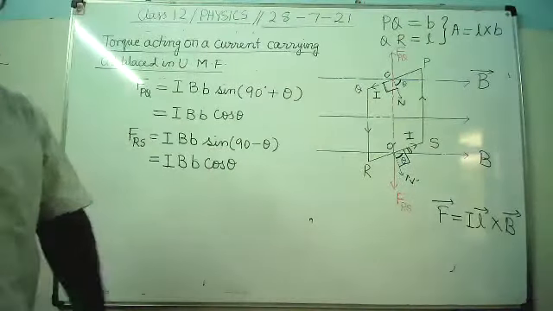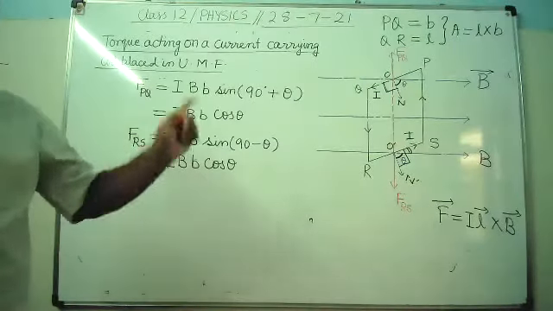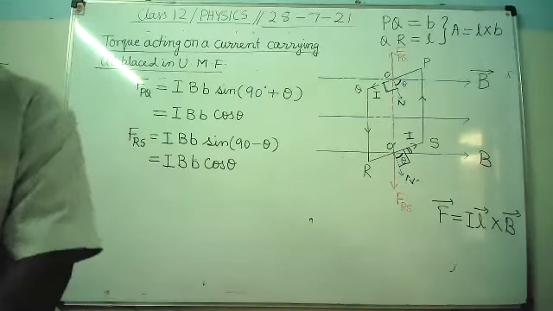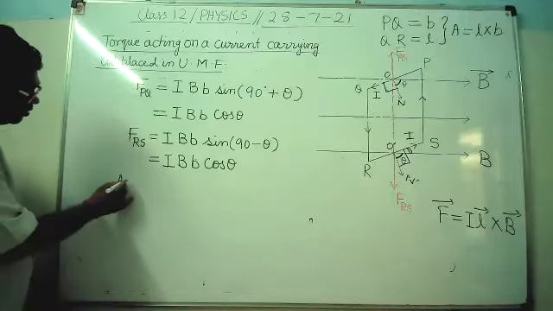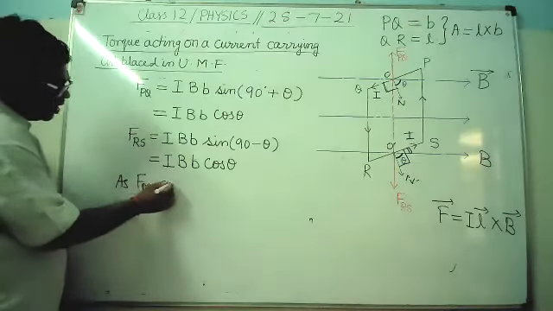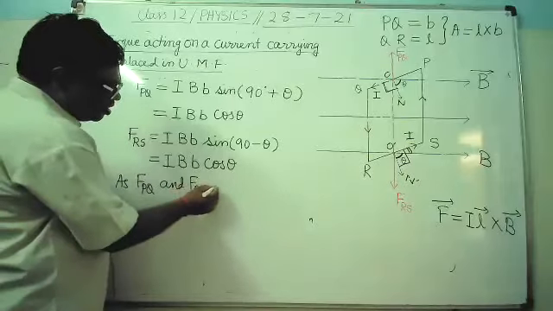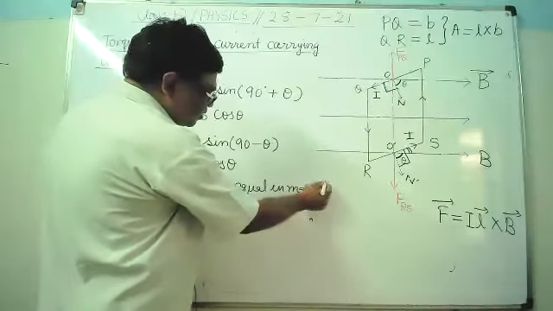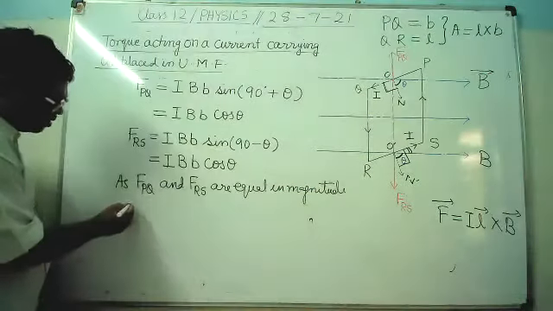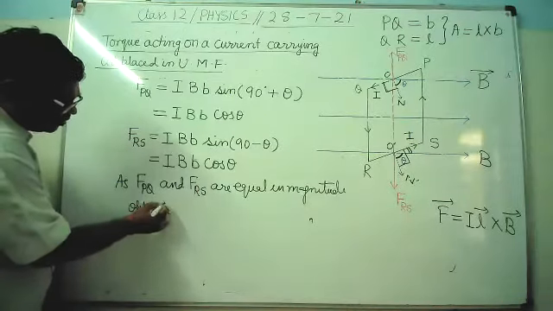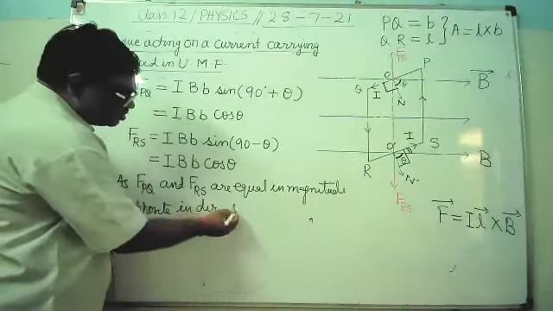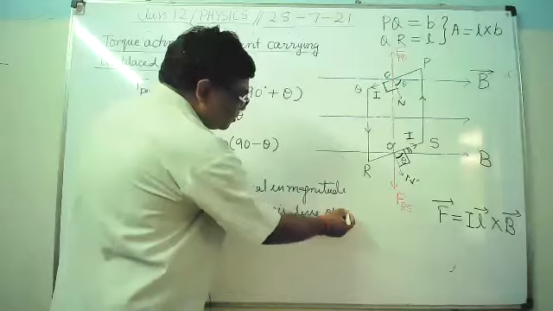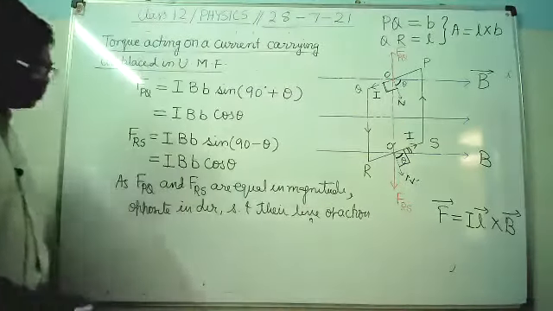So from here it is clear, both forces F_PQ and F_RS are equal in magnitude and opposite in direction, such that their lines of action are coinciding.